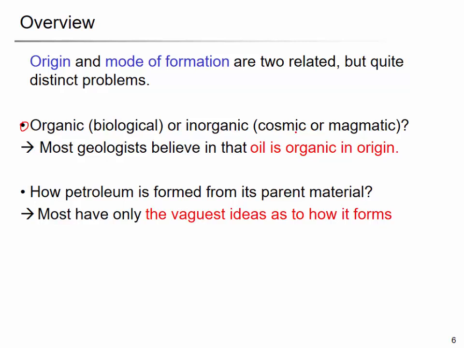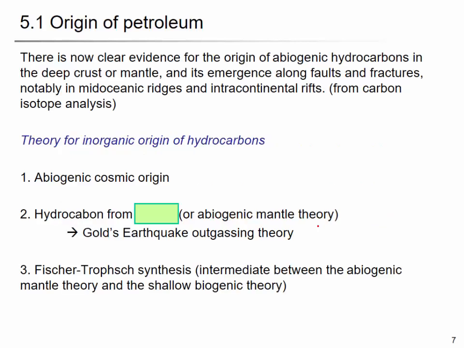Most geologists believe it is from organic origin, so it's biologically generated. And for how petroleum is formed from its parent material, we have only the vaguest idea as to how it forms. Still, there is no true answer for it.